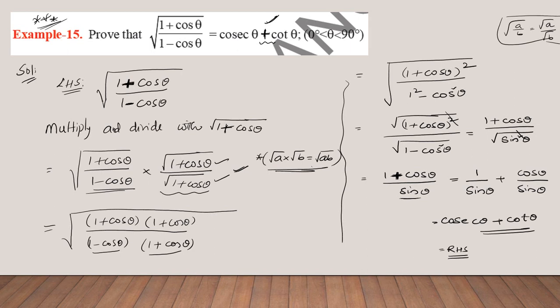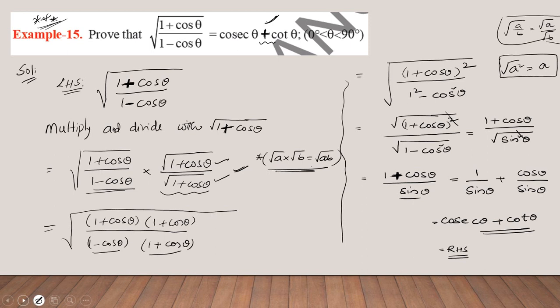Since I need plus, to maintain that plus we multiply with square root of 1 plus cos theta. And one more thing, square root of a square is nothing but a. Here root 1 plus cos theta whole square, the square and root get cancelled, and square root of a square is nothing but a.